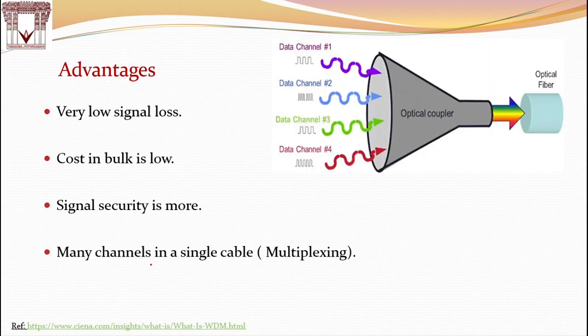The most important advantage is that we can send many channels in a single cable. Technically it is called multiplexing. As shown here, many channels can be put through one optical fiber cable.